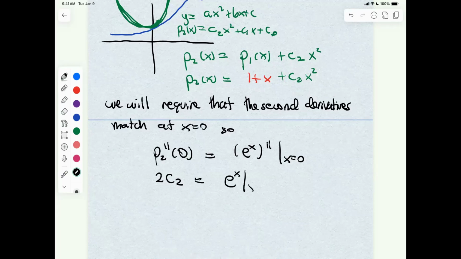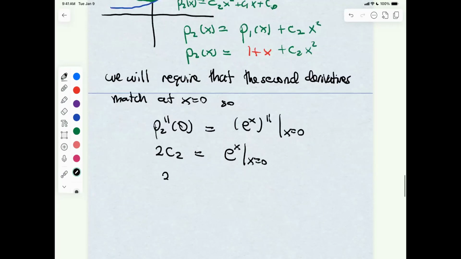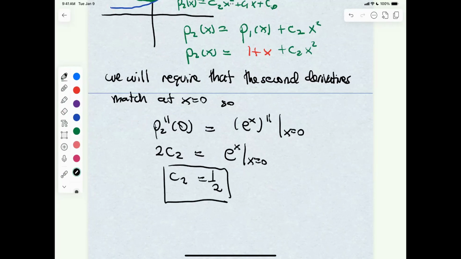It's e to the x evaluated at 0. So you get that c2 equals 1/2. So the polynomial that approximates the exponential in this case would be 1 plus x plus 1/2 x squared.